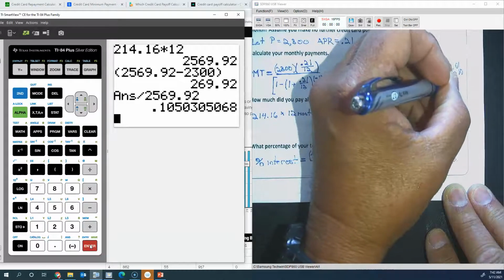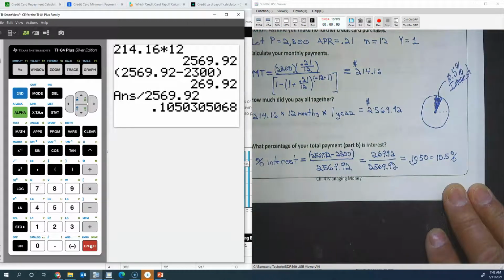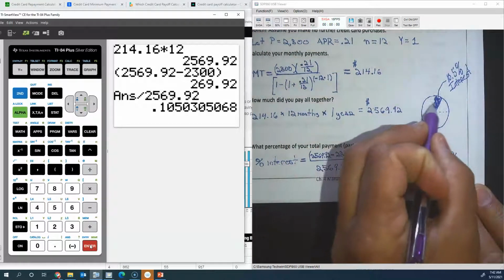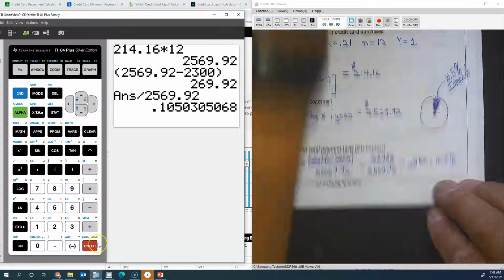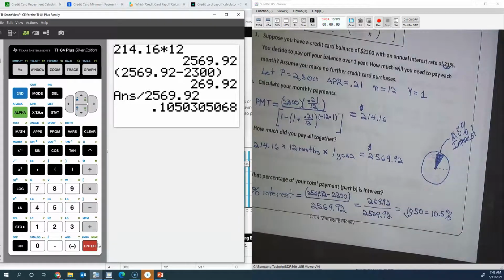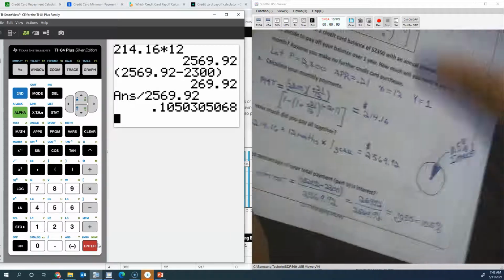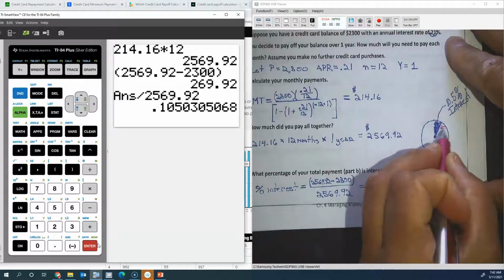So that's how much of your money went to pay the interest, which doesn't look bad. And this amount is how much of your total payment went towards paying off your debt. So you can see here, when you pay something off soon, you pay a lot less money in interest.